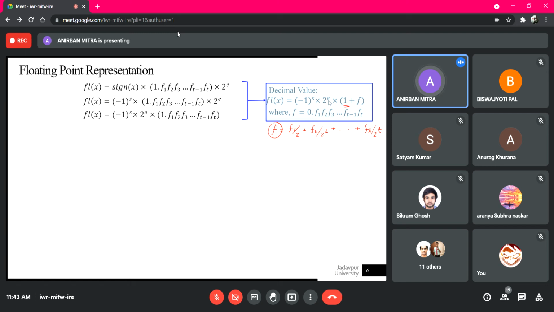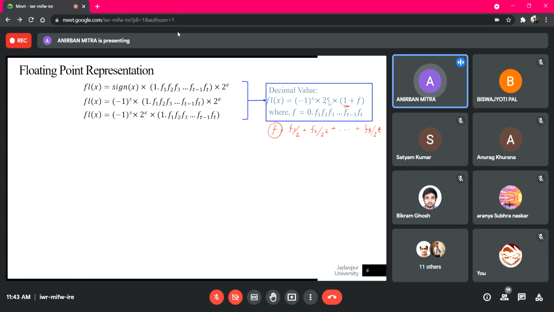The sign needs to be taken care of as well, and that is how you get the decimal value of this approximate representation. You had the real representation x. Now here is the decimal value of FLX. So in terms of a numerical problem, if you are told to calculate the round-off error, whether absolute or relative, you can do it through these expressions.